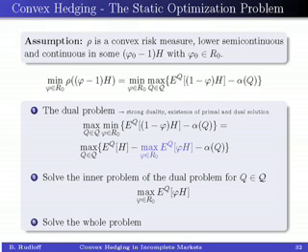So this will be the second step, to go to the inner problem of the dual problem for one fixed Q. And we can show that you get some results about the structure of the solution. So we get some necessary and sufficient optimality conditions. And then with this result, it will also be possible to solve the whole problem. But I will now talk a little bit more about how to solve this inner problem.